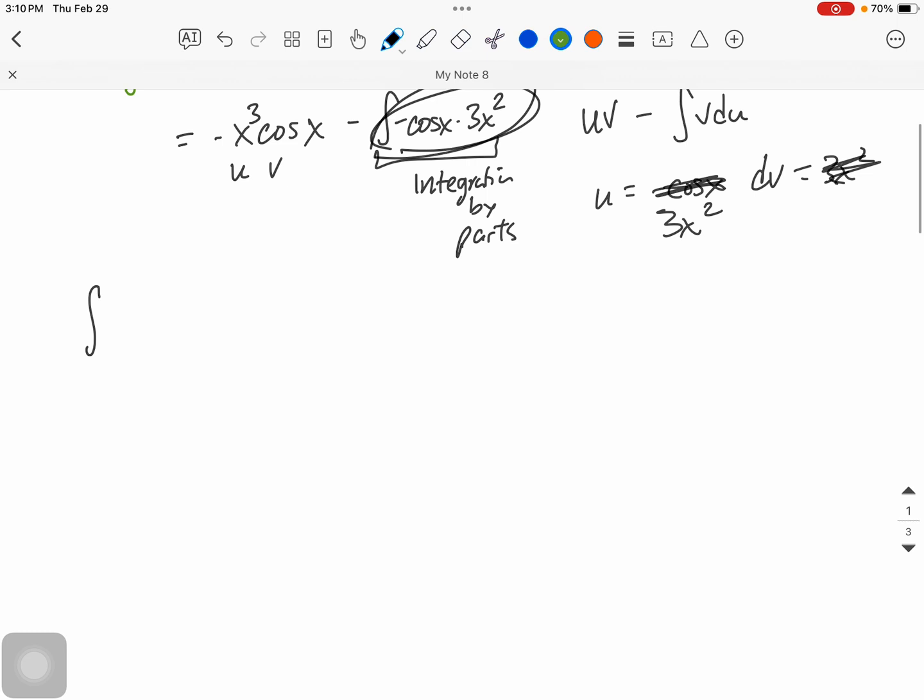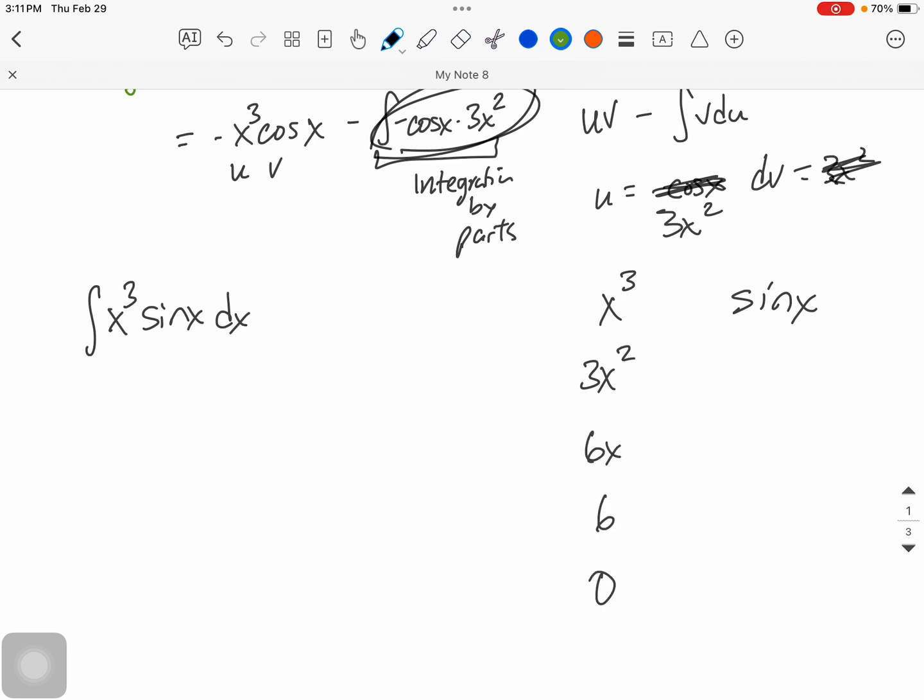Let's do this example full speed with rapid integration. So rapid integration, I'm going to cut some corners here, and I'm going to essentially have a column on the left, and in this column, I'm going to take the derivative just a bunch of times. And these are like all my u's and all my du's, so to speak.